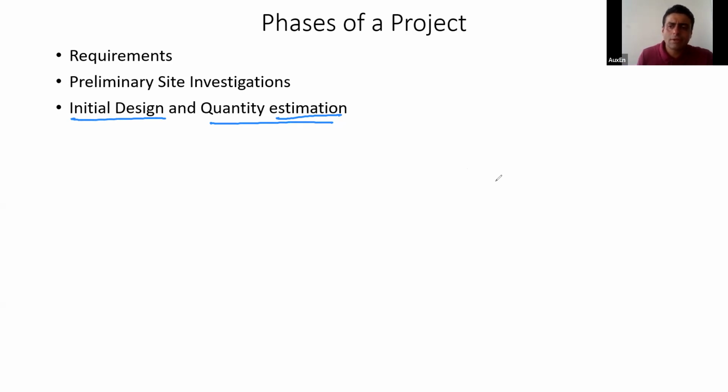So you may have a question that how to calculate the cost when you do not have anything finalized. So therefore, I have written this estimation over here. So how do you do estimation? So you do estimation on the basis of some thumb rules.